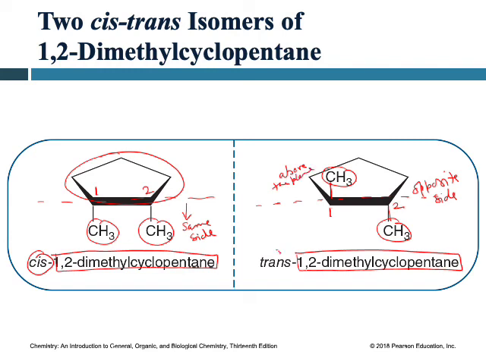So that's why we have trans. Because we cannot rotate the bond between carbon number 1 and 2, this CH3 is not possible to go up, or this cannot go down. So these two structures are different. Right, so they are stereoisomers.